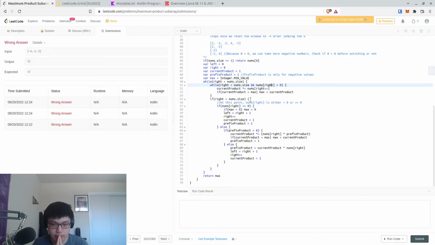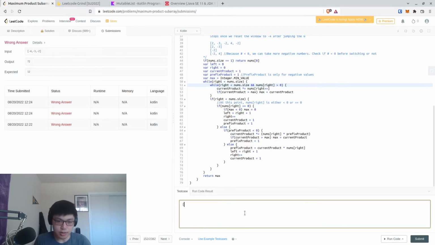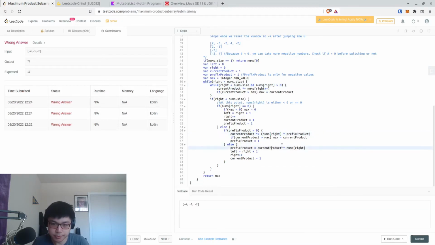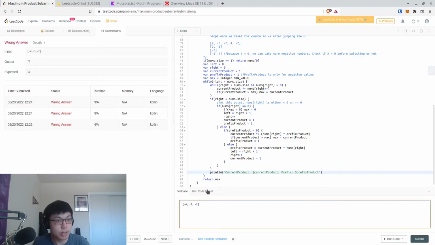Then we take the -2. Interesting. Don't know why this is breaking. We can add some print lines to see what's breaking here. So current product, prefix, and why it's -12?